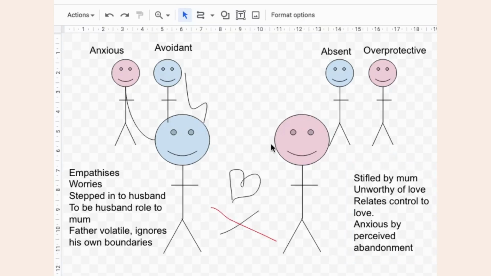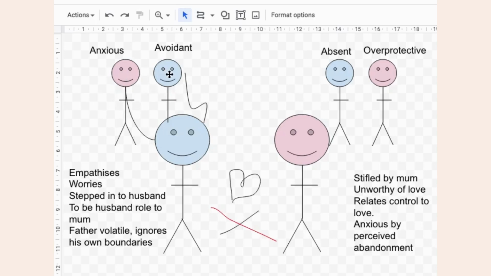And the problem with relationships like this is that George and Georgia will be triggering off each other's wounds. So the behaviours that trigger George are the behaviours that Georgia displays, and vice versa. So the behaviours that Georgia naturally displays, feelings of unworthiness of love and anxiety about perceived abandonment, trigger off unhealed trauma that George has from his parents.